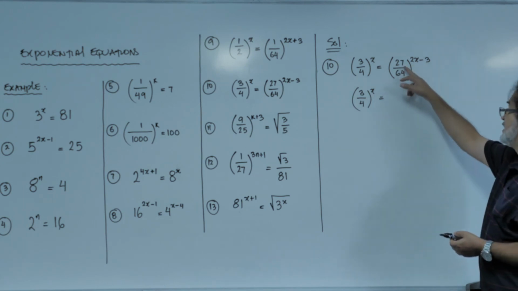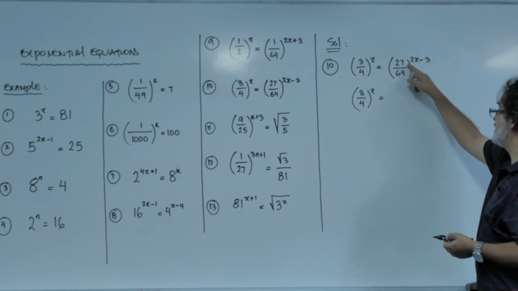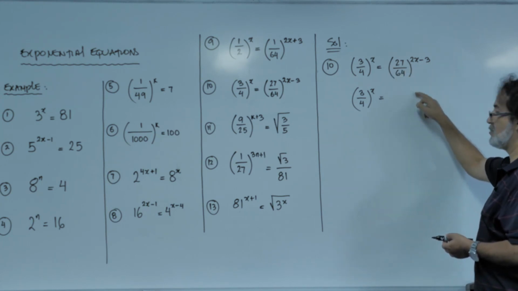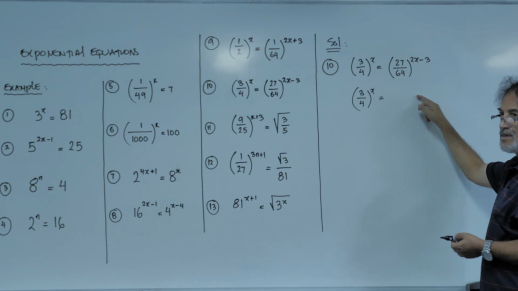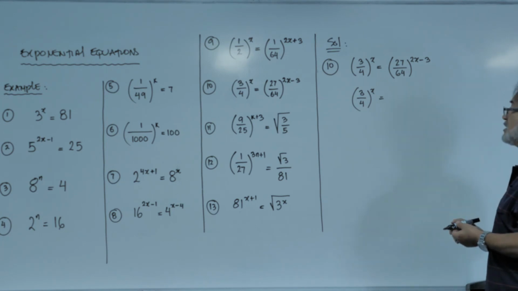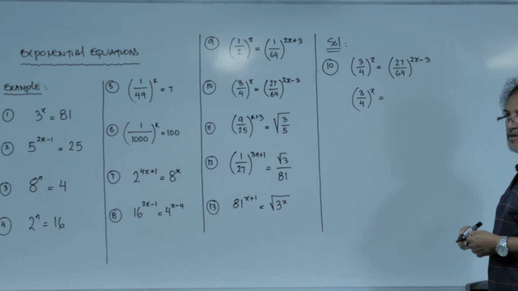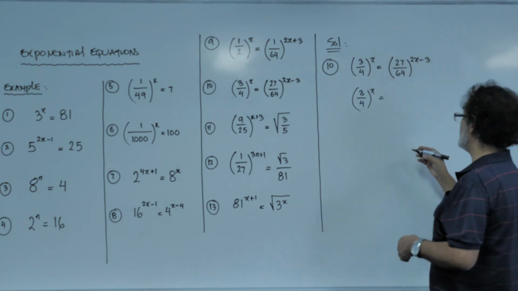You can see that this is the same as 3/4 to the power of 3, yeah? Because 3 cubed is 27, and 4 cubed is equal to 64.